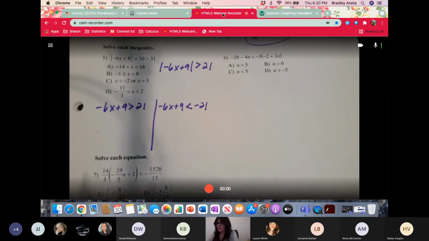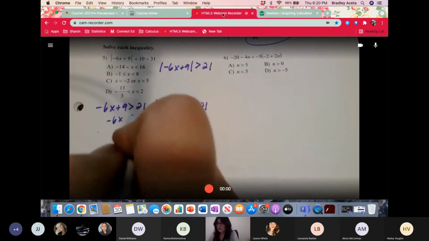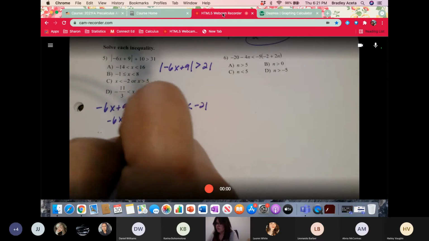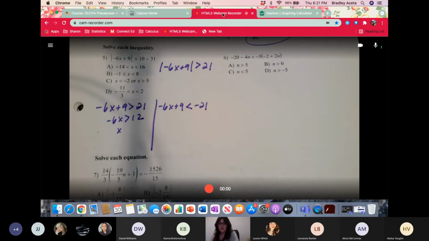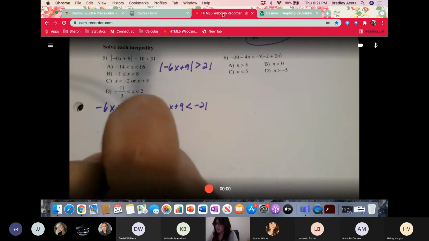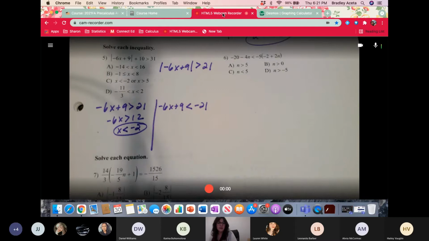And then let's solve. So negative 6x minus the 9 over would be 12. Divide by negative 6. When you divide by a negative, it flips the inequality. So this becomes less than negative 2. There's one answer.